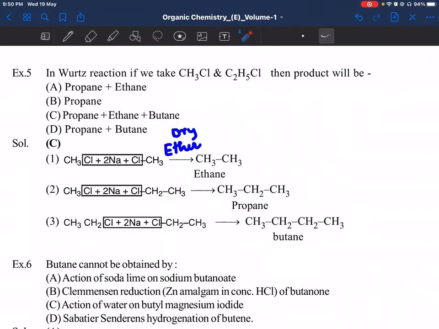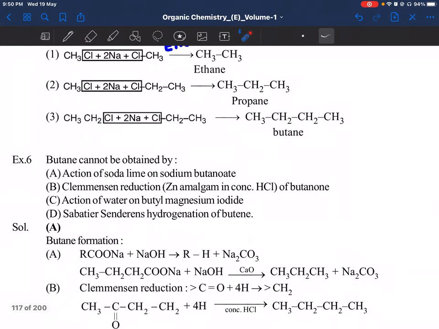What's happening? Those two chlorines go out with the two sodium atoms, and here we get ethane. Ethyl chloride and methyl chloride, when those two react with sodium, here we get propane. And when two ethyl chlorides react with each other in the presence of sodium, we get butane.